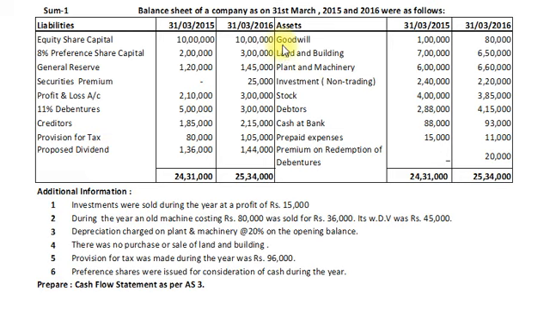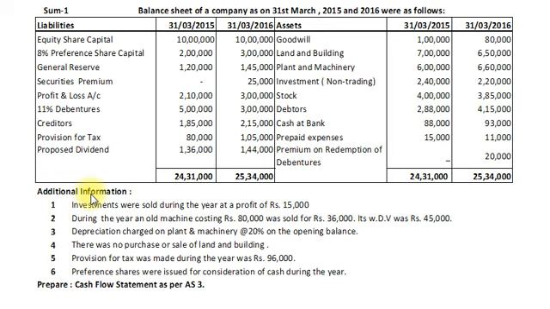Whereas on asset side we have goodwill, land and building, plant and machineries, investment which is non-trading, stock, debtors, cash at bank, prepaid expenses, premium on redemption of debentures.